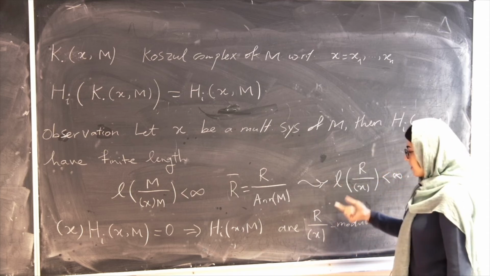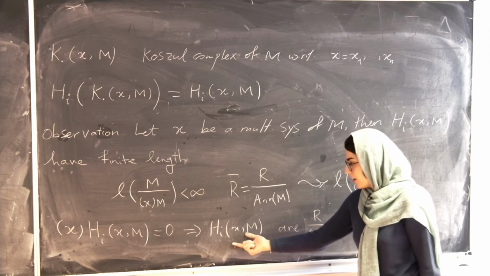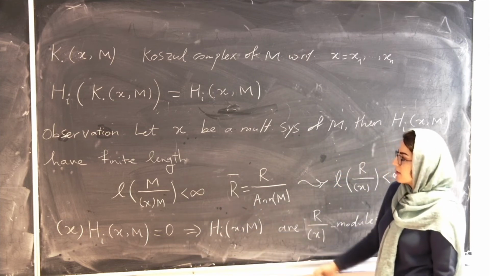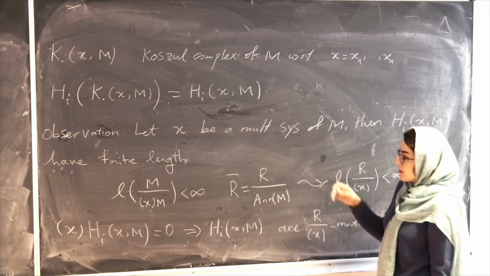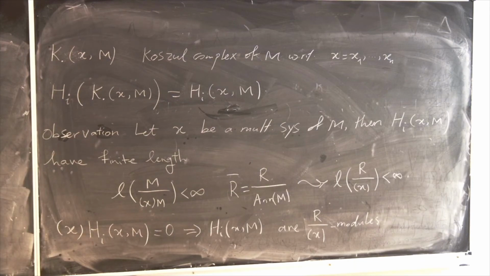Because the ring has finite length and this module is finitely generated, then this has also for sure finite length. This is important for us because we want to define the Euler characteristic in terms of these lengths.